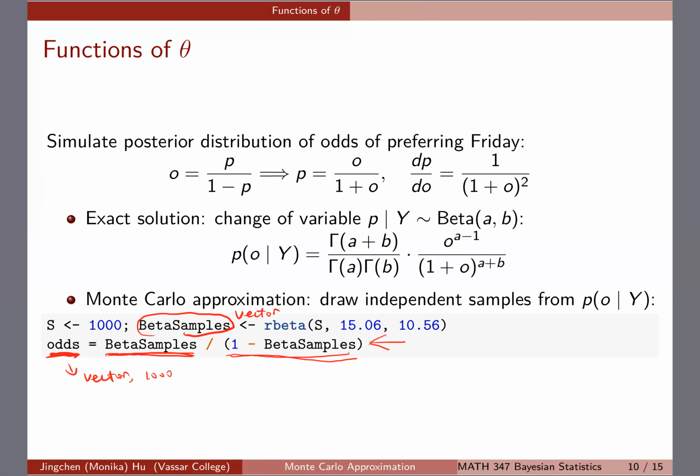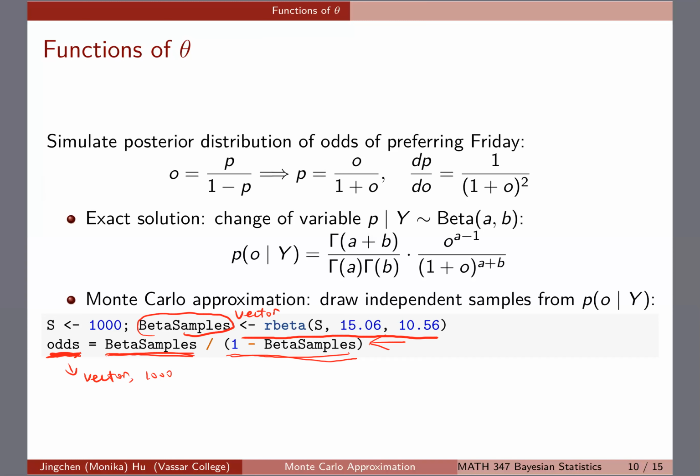So this is done in a sequential way. I know my P is a beta posterior distribution, so I'm going to draw it with R beta. But if my interest is not about the probability itself, it's about the odds, then I can directly use this function g of P, which is P over 1 minus P, and that gives me a sequence of draws of the odds itself, and then I can summarize it.